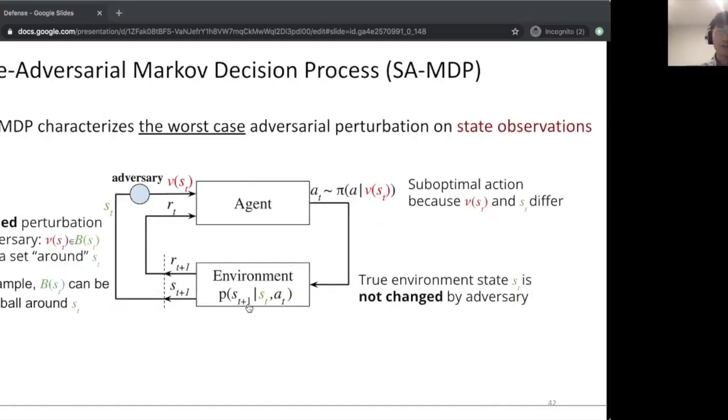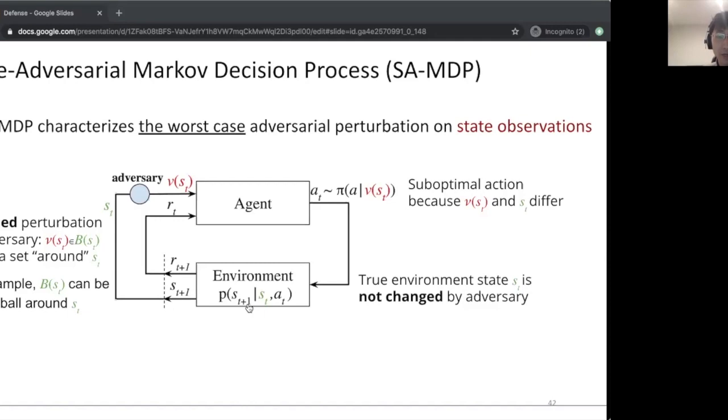In this work, we first developed a theoretical framework for this problem, which we call state adversarial MDP, or SA-MDP, to characterize the setting of perturbed state observations.